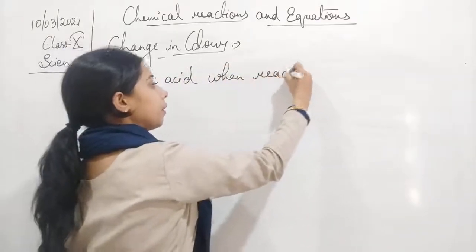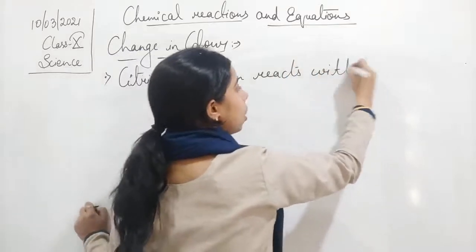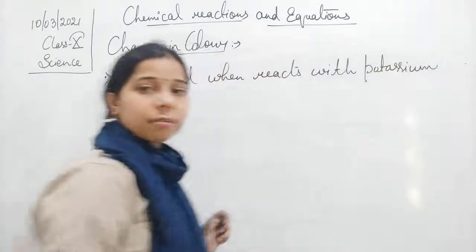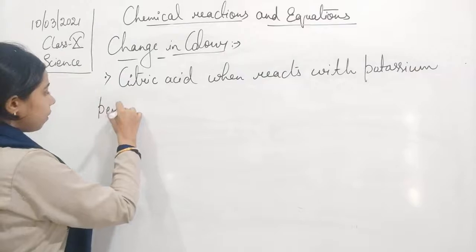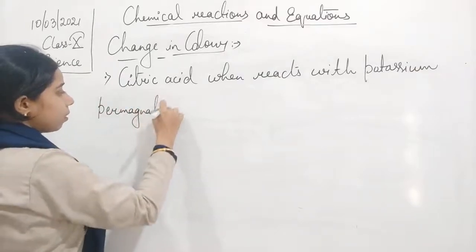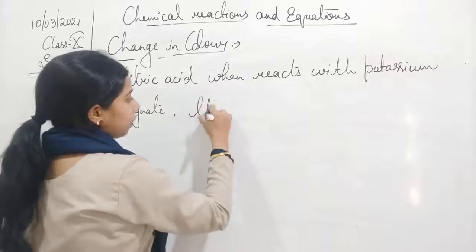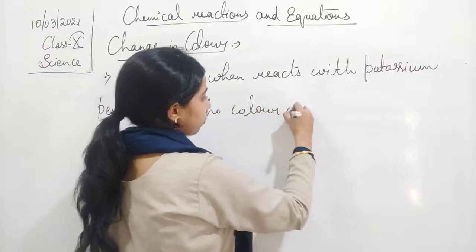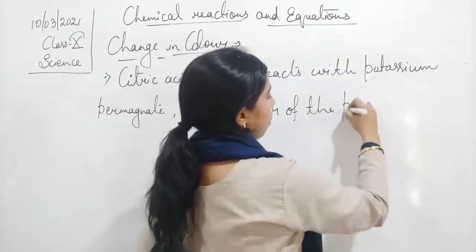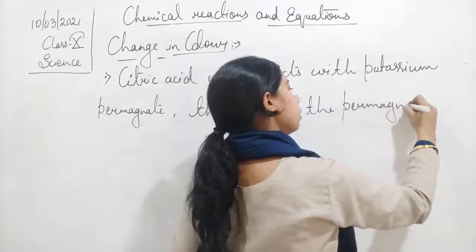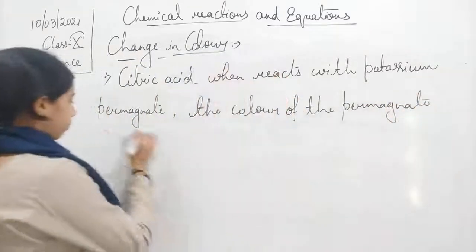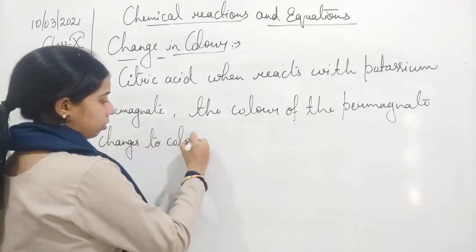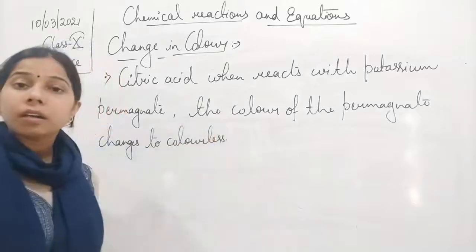when it reacts with potassium permanganate, the color of the permanganate changes to colorless.